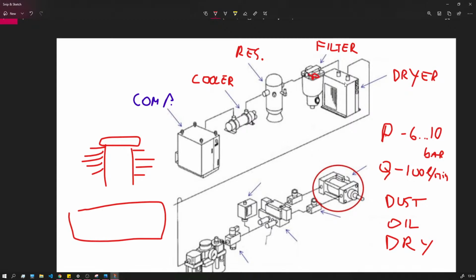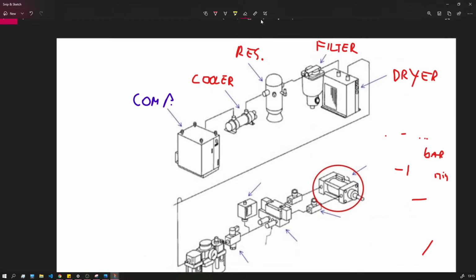Usually they don't have a dryer, but some of the drying process is handed to the reservoir. Some of the water will drop out in the reservoir, and you have a little valve on the bottom of the reservoir. Now for the consumer part, the most important element of the system is always the actuator.